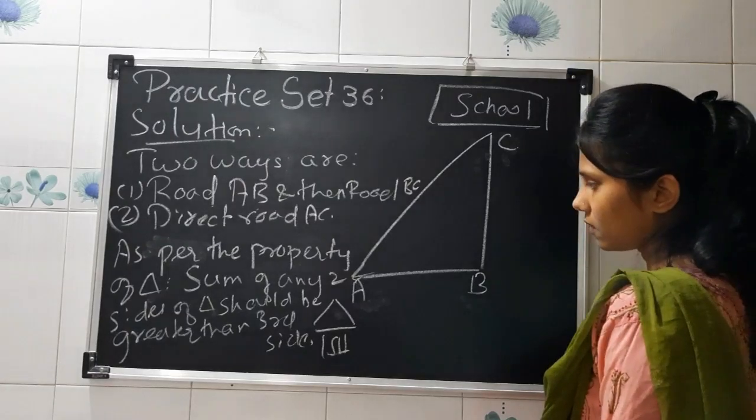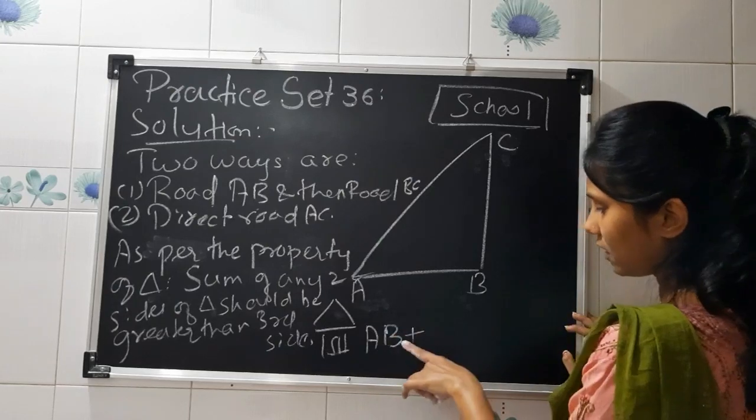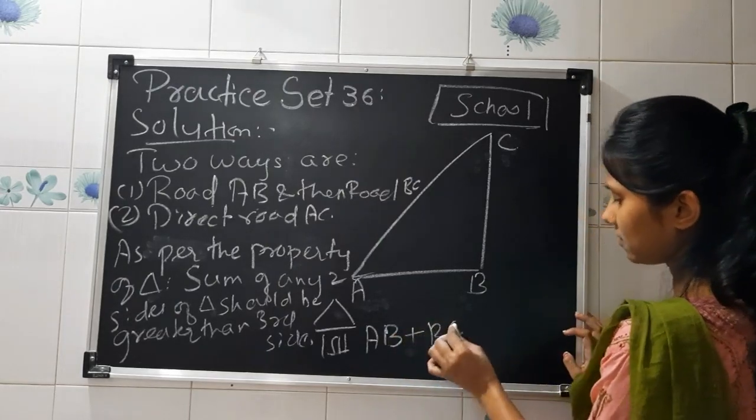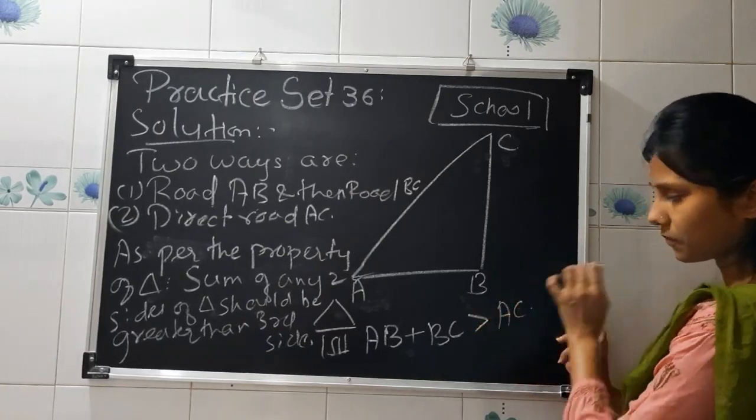Okay, so therefore AB plus side BC is greater than AC.